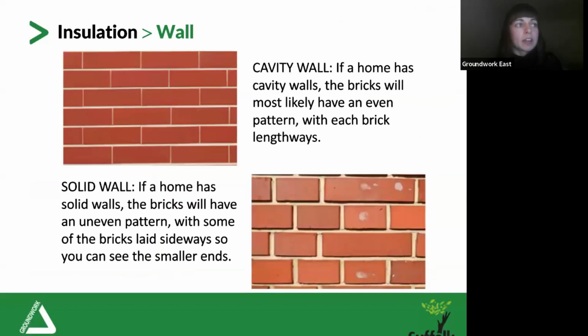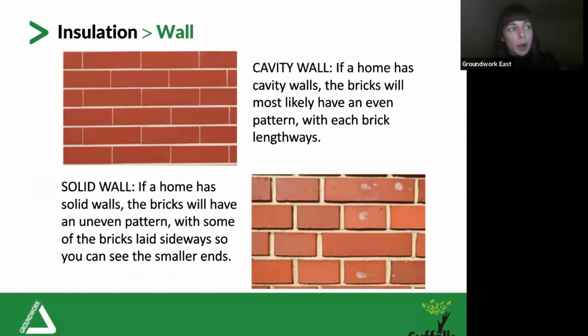This slide really helps to understand what kind of wall you might be looking at in any particular house. If you are looking at brickwork that has cavity walls, the bricks are most likely to have quite an even pattern, quite regular and uniform, which you can see on the top left, and all the bricks are often lengthways.